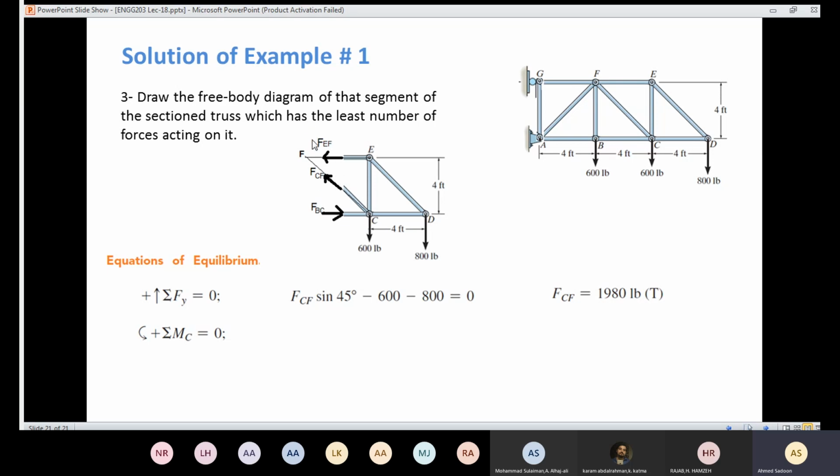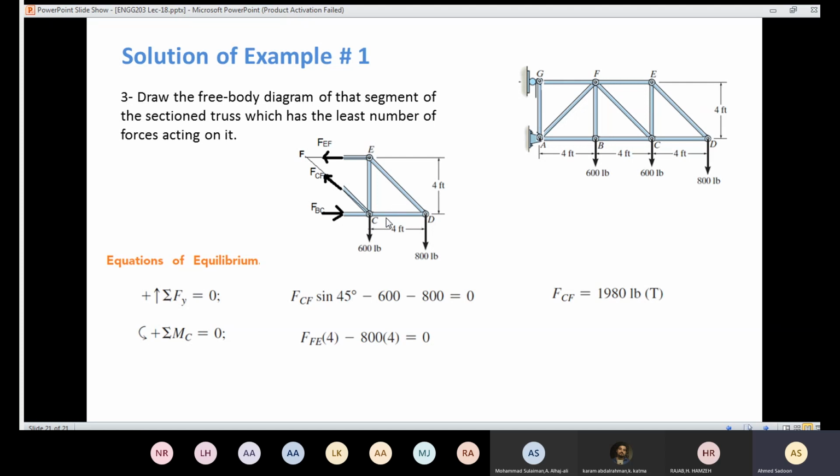So you are going to have FEF. Here's the point of rotation. Here is the line of action. The moment is going to be positive and the perpendicular distance is 4. Regarding the 800 pound, here's the point of rotation. Here's the line of action. The moment is going to be negative because we are going to have a counterclockwise moment. And the perpendicular distance is 4 feet. So here I have that force times 4, positive, and here I have the force here, negative, times 4 also.